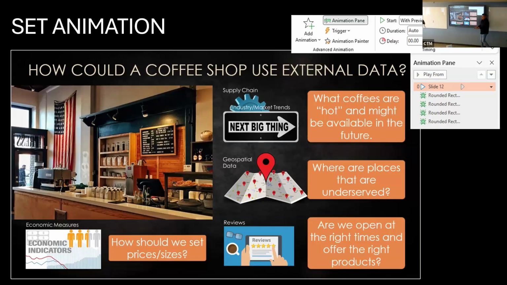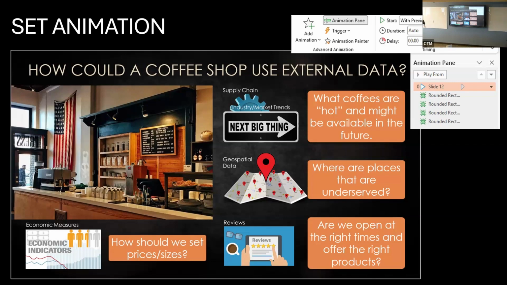This is a little more sophisticated, but I wanted to show you what you could do. I'm listening to the audio, noticing when it starts talking about certain things, then cueing the animation to come in. But I usually start the slide playing with previous, which means it starts immediately. As soon as it goes to the slide, it plays. The final result will be coming up in a second. Any questions before we get to that?